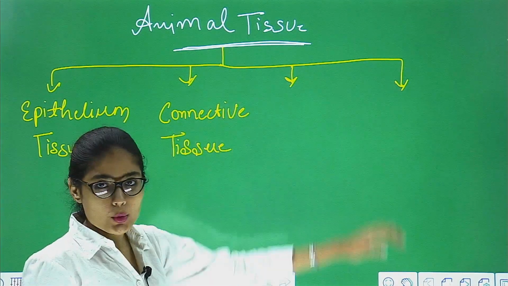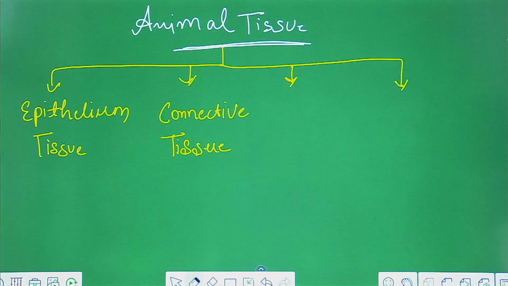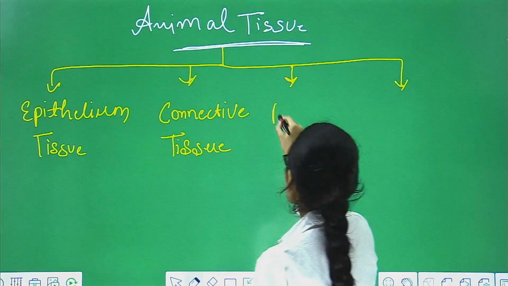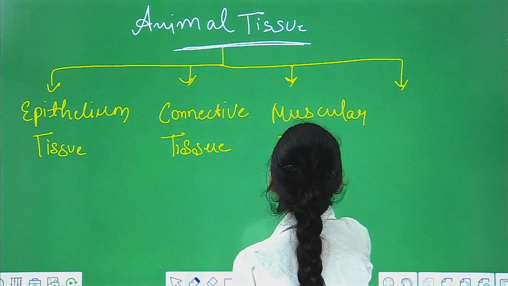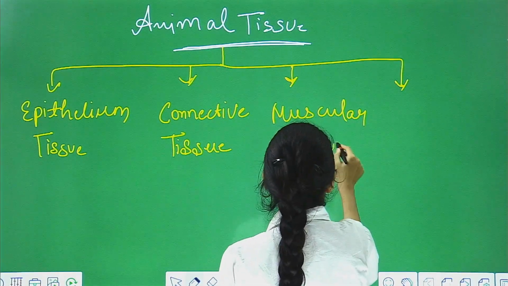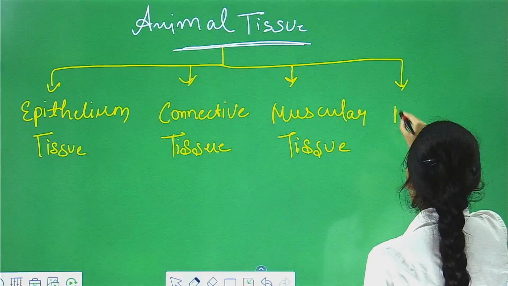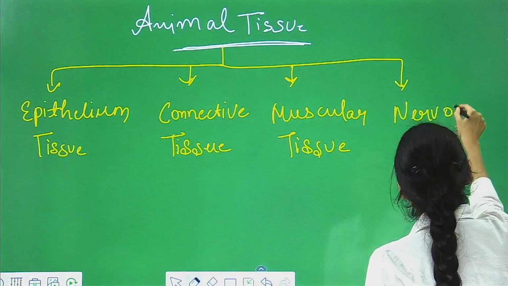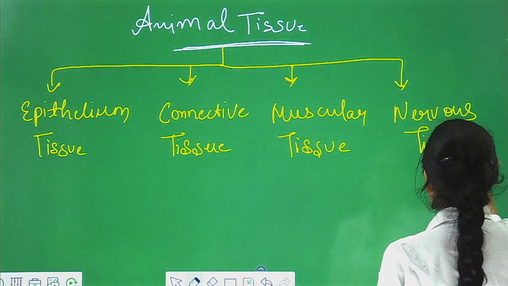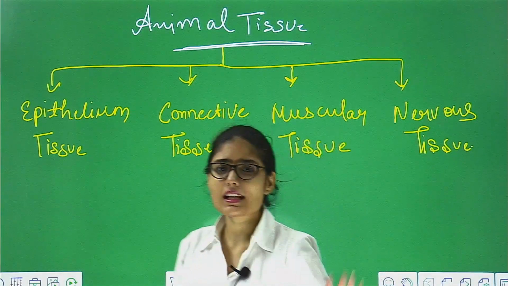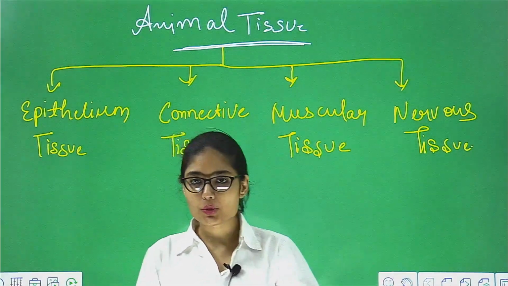The third one is the muscular tissue. Okay. And the fourth one is the nervous tissue. Okay, so these are the 4 types of the animal tissue which we are going to study.